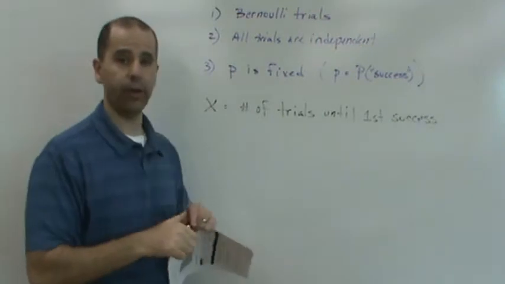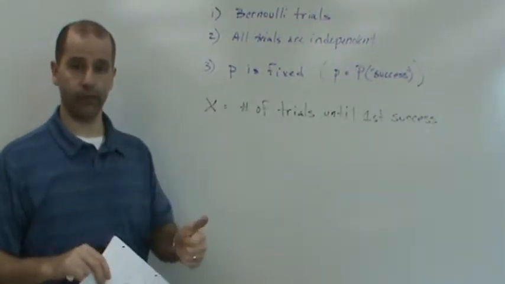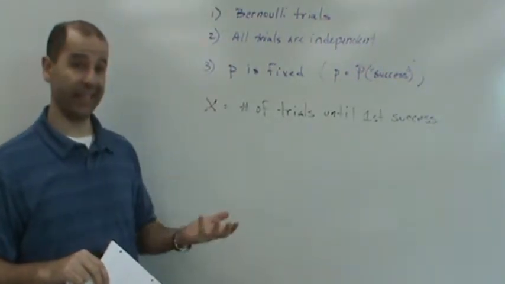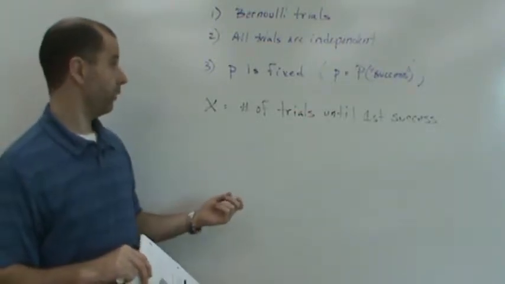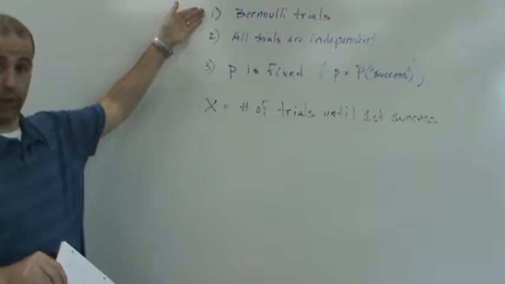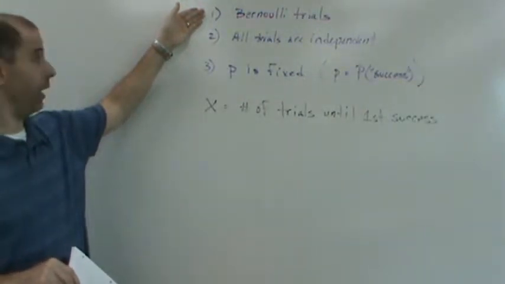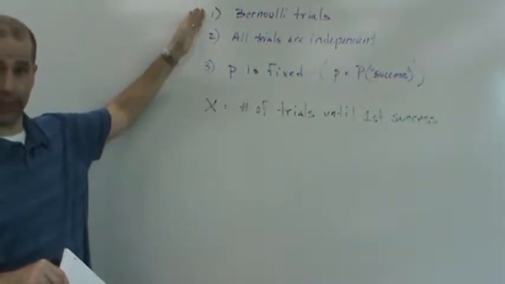So we're interested in counting the number of trials until we get our first success. That's the key to a geometric distribution. So all trials only have two possible outcomes.